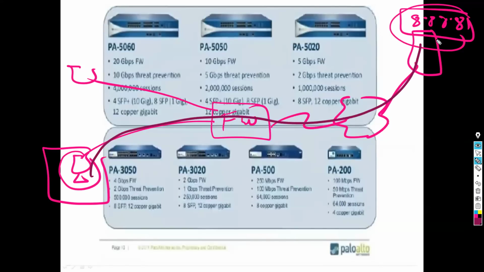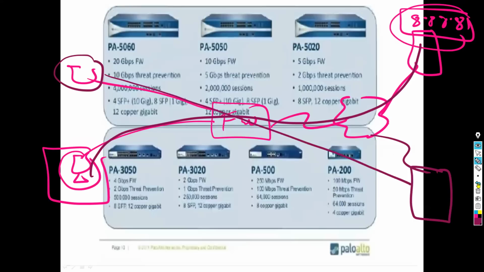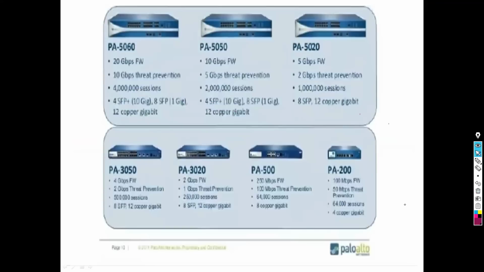When this machine is trying to access, for example, facebook.com, here we have a server, it's a separate session. And for each session, a firewall or any L3 device can differentiate sessions based on port number. If you remember basic CCNA training, whenever devices communicate with each other, they require a source port number and destination port number. So based on port number, the firewall can identify it is a session. So irrespective of the duration that I'm on Facebook, it is considered as one session, right? Yes, one session. Got it. The firewall will maintain the state of connection.